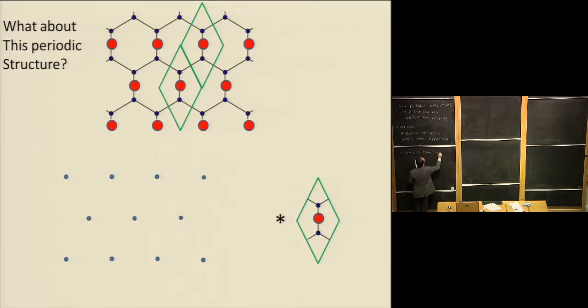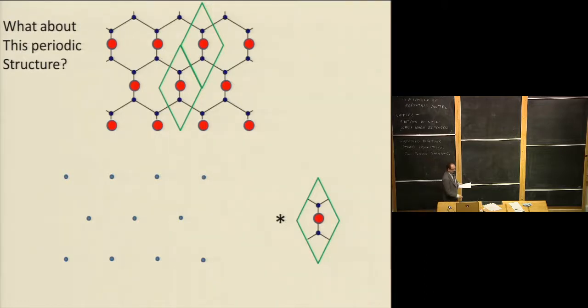Sometimes we use the word tiled, meaning repeated and stacked together. We used this term unit cell previously in one dimension. Now we can just use it in general dimension. So this green diamond would be the unit cell for this repeating structure.